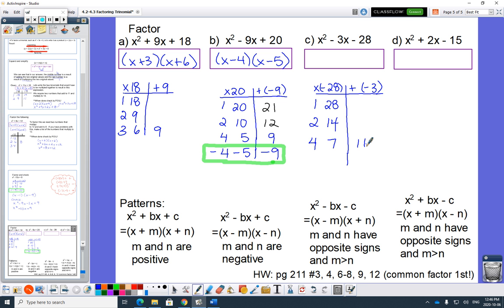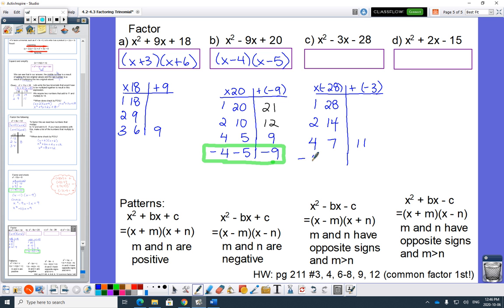So that's what this is talking about down here, okay? It says the greater number, so m is greater than n. That's why we're getting a negative number when you add. So if you don't like summary patterns like this, just do the trial and error thing, okay? So if we want to get negative 3, I'm gonna do it the wrong way just to show you.